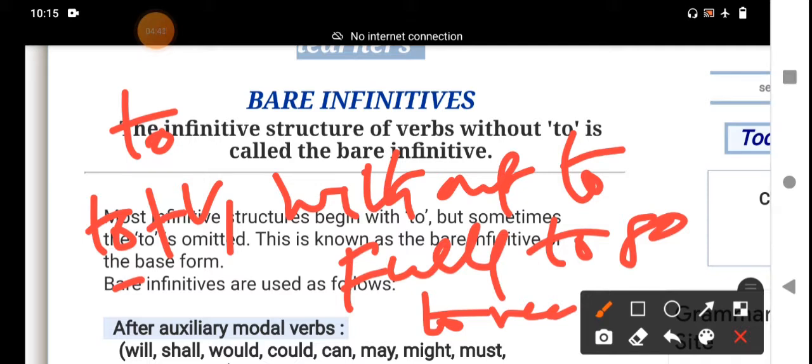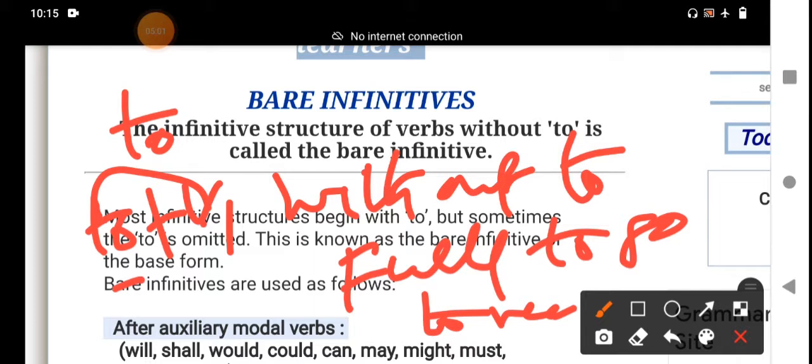To is part and parcel of the verb, not a preposition. That is a key point you should understand. To is not a preposition in this situation.